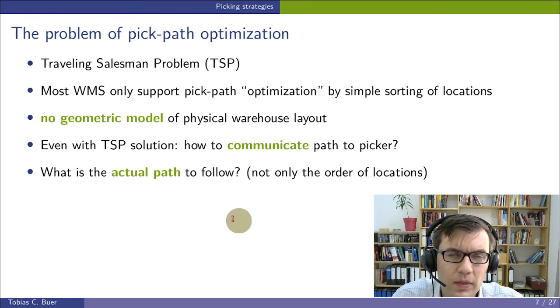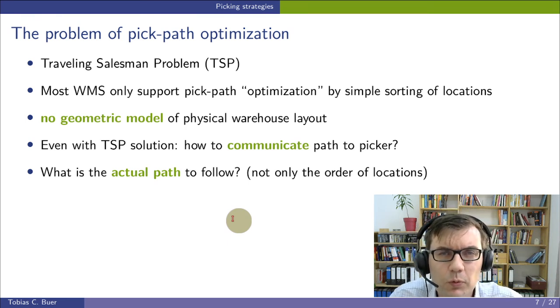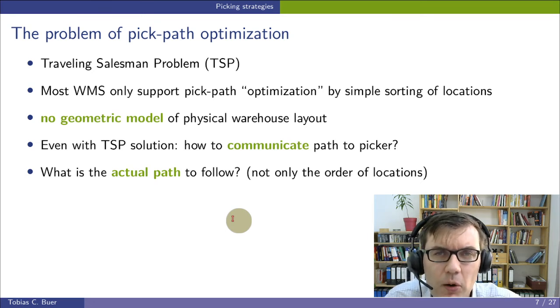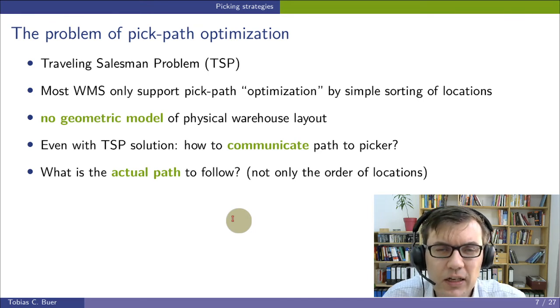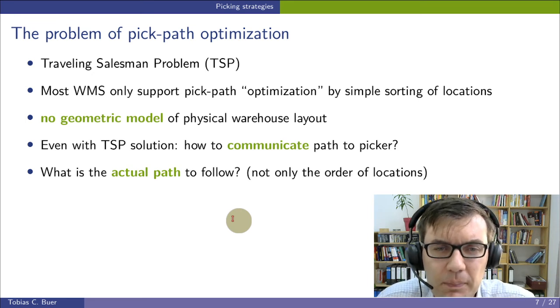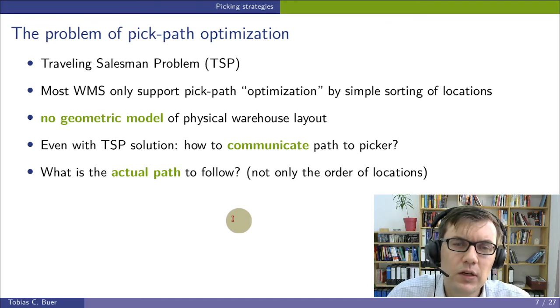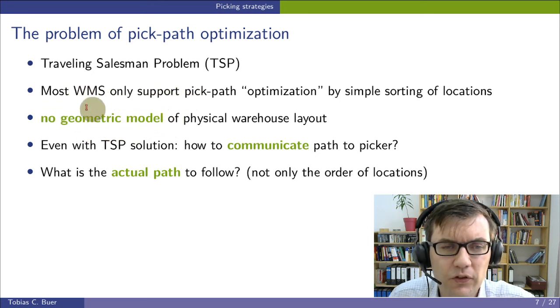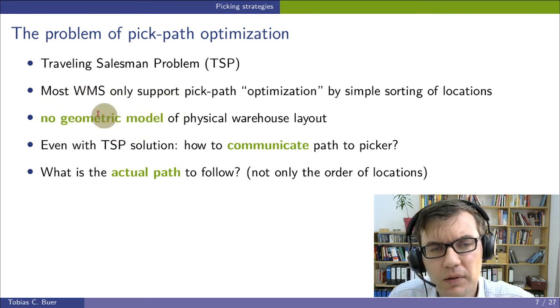Now, most of the warehouse management systems out there, they talk about optimizing pick paths. But typically, they don't really optimize the pick paths because most of them do not really have a geometric model of the physical warehouse.